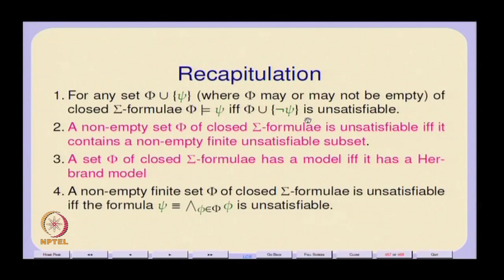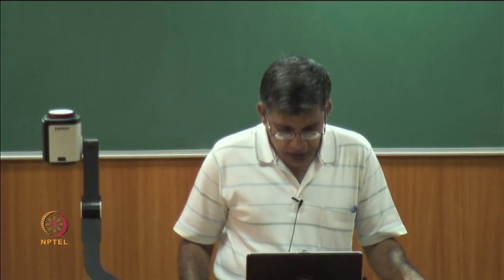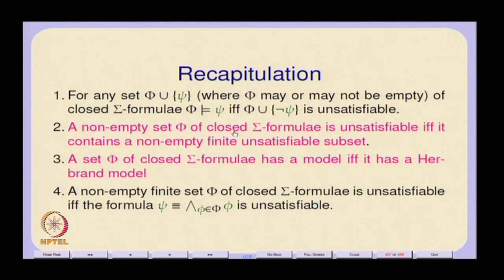Okay. So some of the things that we have been looking at. If you look at all that we have done in model theory and validity in terms of unsatisfiability, then essentially a non-empty set phi of closed sigma formulae is unsatisfiable if and only if it contains a non-empty finite unsatisfiable subset.